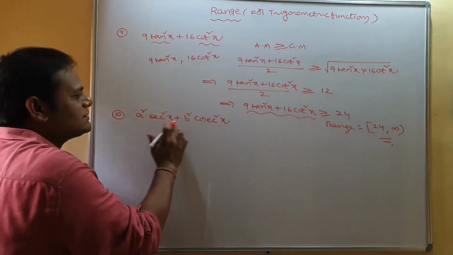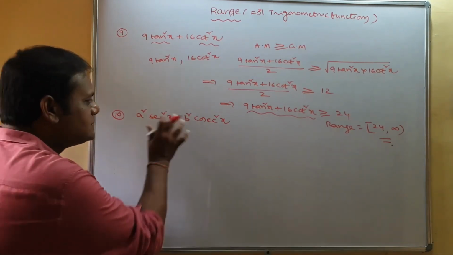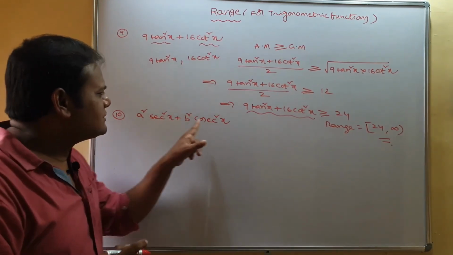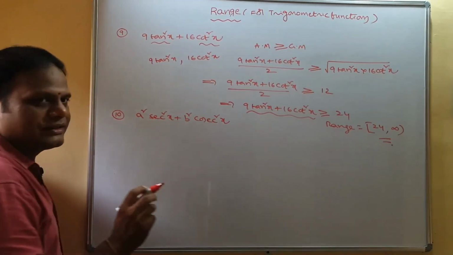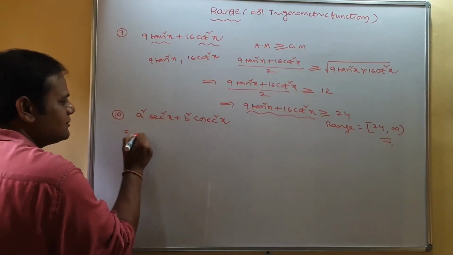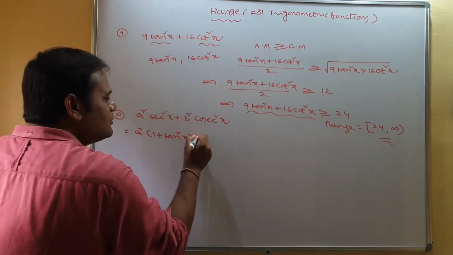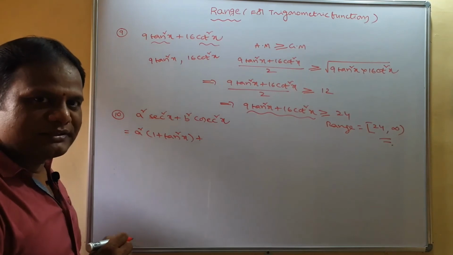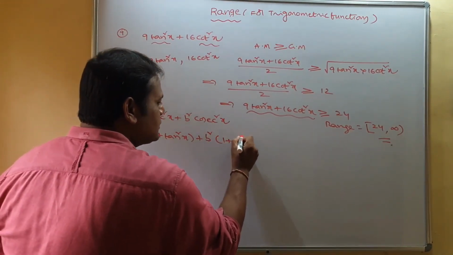Coming to this: a square secant square x plus b square cosecant square x. You have to find the range of this function. Secant square and cosecant square are not reciprocals. So we do one thing: I can write it as a square into (1 plus tan square x), since secant square x is 1 plus tan square x, and b square into (1 plus cot square x).